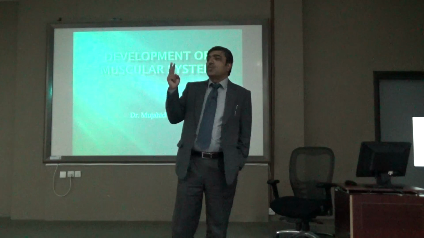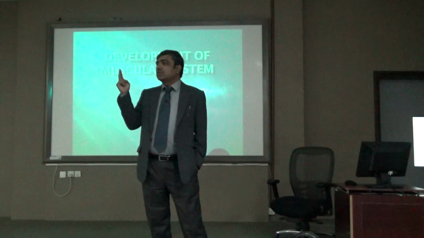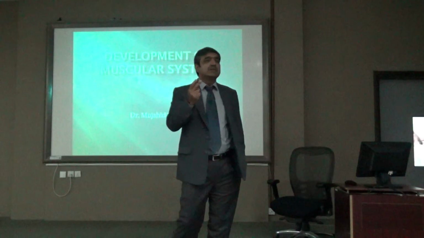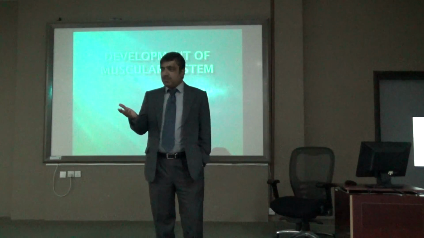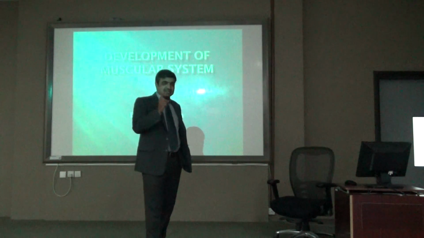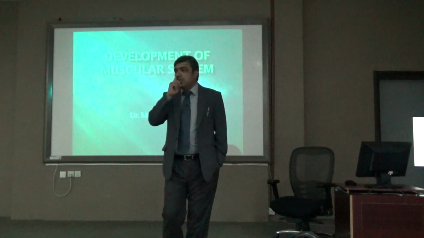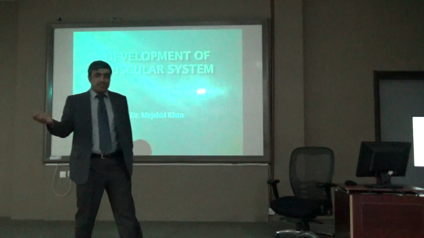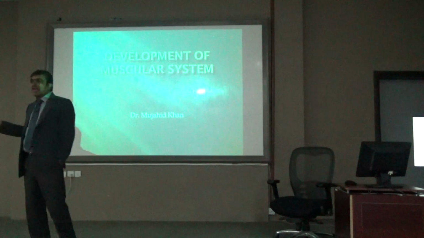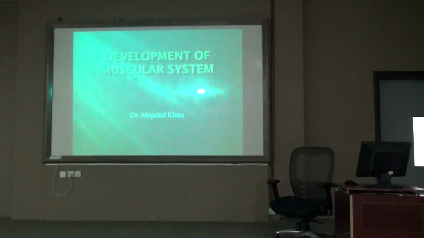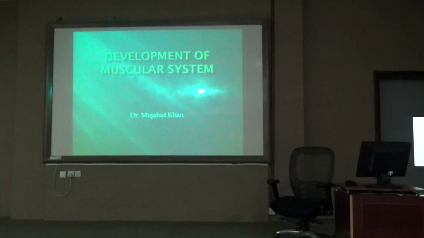Somite was divided into two portions. What were the names? Sclerotome and dermamyotome, right? The vertebral column was formed from the sclerotome portion of the somite, you remember. Then there was another portion, we call it dermamyotome.